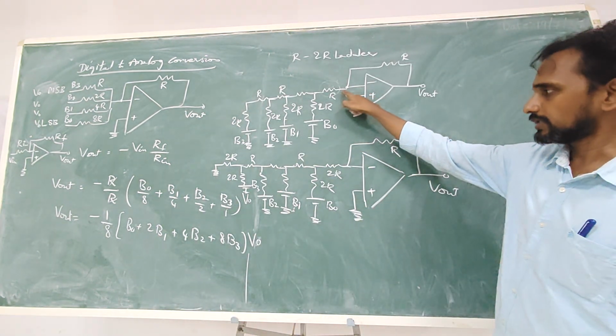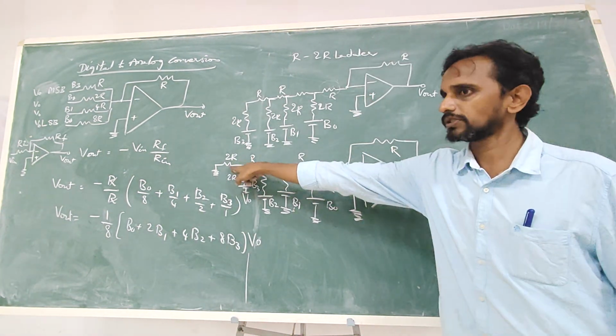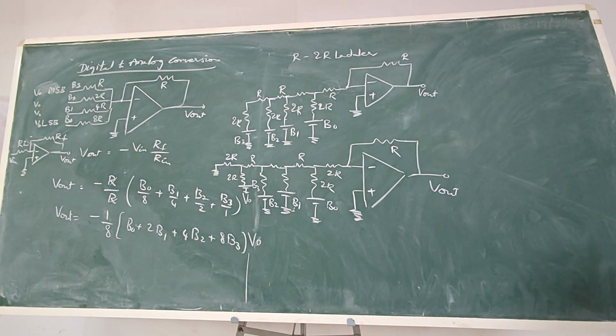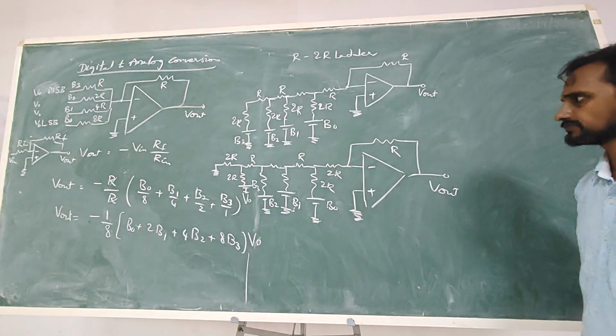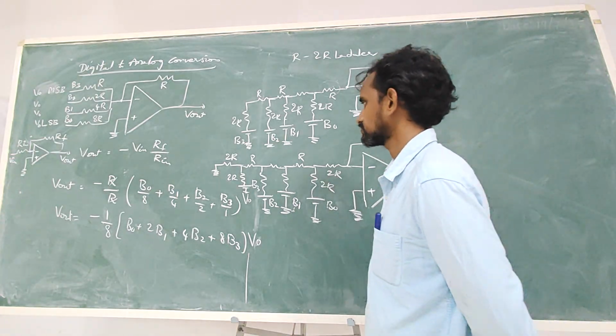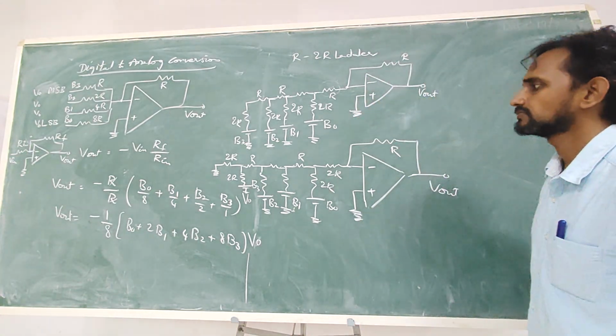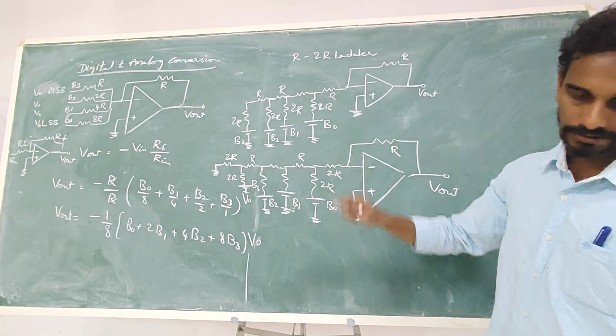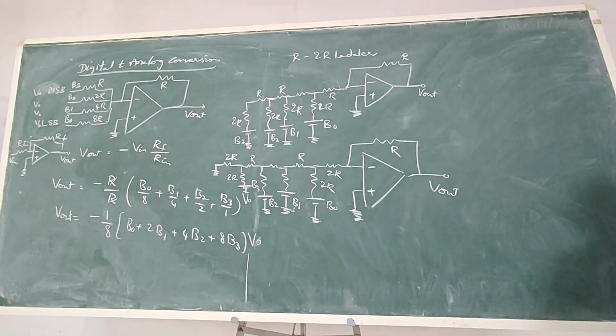The single R here at the input is divided into two parts, 2R and 2R, and is added at both ends. So we will analyze this circuit first, later this one, and see the difference.